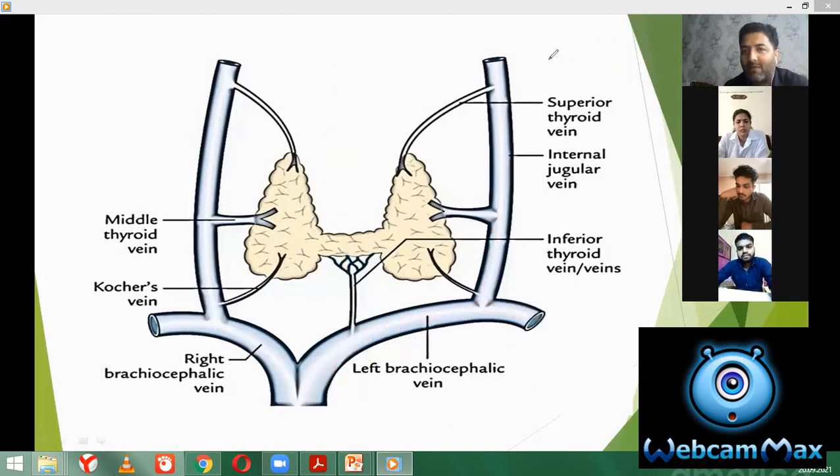See, Jat Sahab, if you have to draw this diagram yourself, you can draw it like this. This is your internal jugular vein. This is your subclavian vein, coming from your upper limb. Both join together, forming this vein, your brachiocephalic vein.